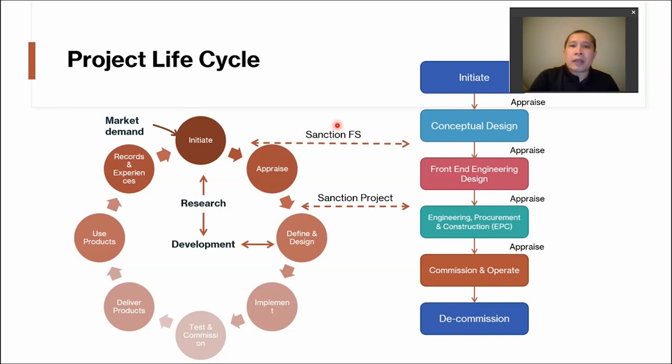If it is still deemed prospective, then it goes to the next step, which is front-end engineering design, and so on. An important thing to remember here is that between each step there has to be an appraisal. There has to be an evaluation of whether we should move forward, or cancel it, or move in another direction perhaps. So going from one step to the next requires appraisal or evaluation of feasibility.